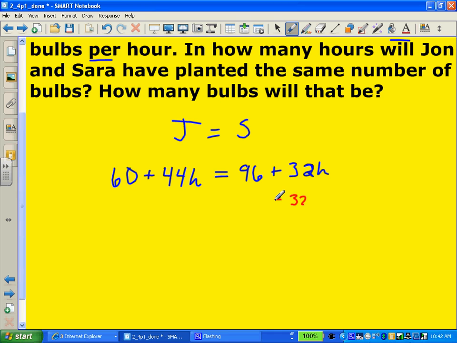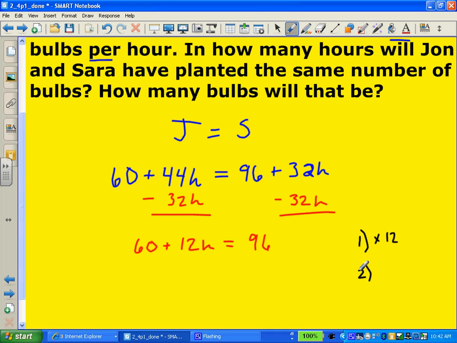So I have variables on both sides. I need to get them together. So let's move this over. So then I have 60 plus 12H equals 96. Alright, now we're at the two-step equation, so I ask what's happening to my variable. Well, it's being multiplied by 12 and added to 60. So the first thing I'm going to do is subtract 60.